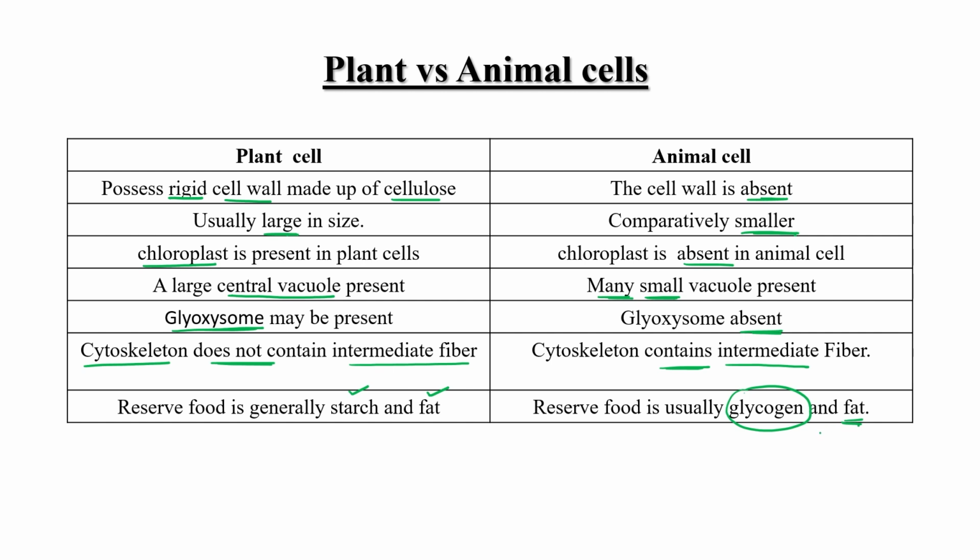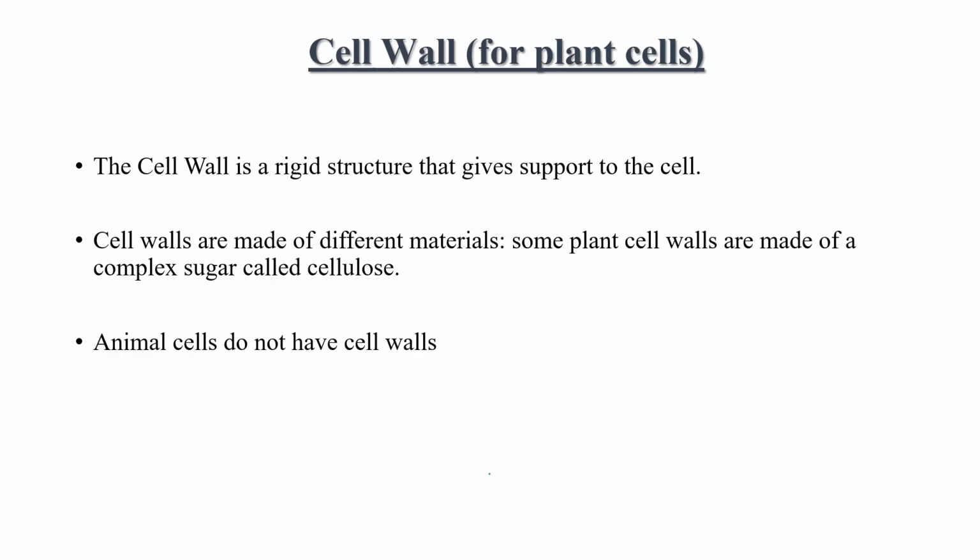So this is the main comparison between plant cells and animal cells. Now, the cell wall, this particular type of outer covering, is present only in plant cells, and it is a very rigid structure which supports the cell and gives it its rectangular structure.